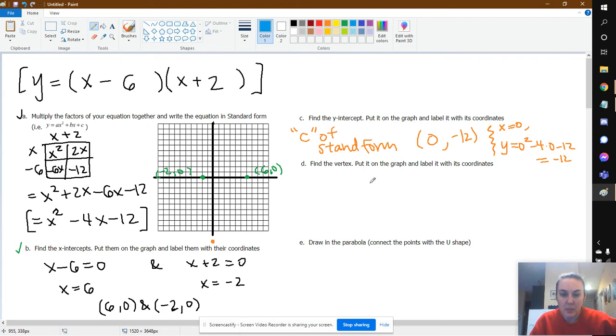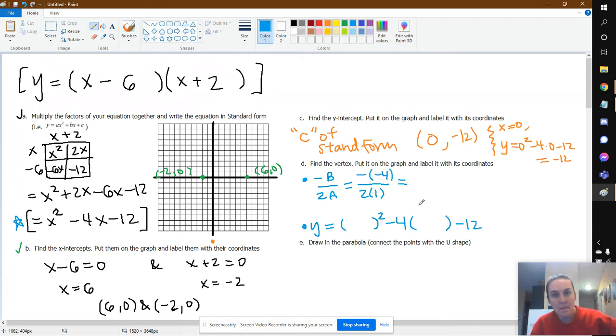Find the vertex. Put it on the graph and label it with its coordinates. So we find the vertex. This is the two-step process. First, we find what negative b over 2a is equal to, and then we plug that into our equation. Notice we'll use standard form here, so we are going to use this format where a is 1 and b is negative 4.